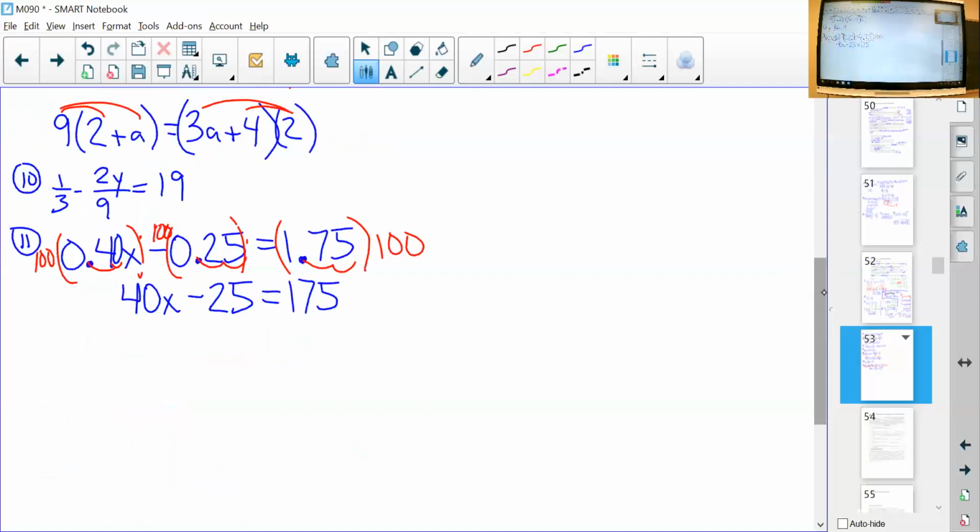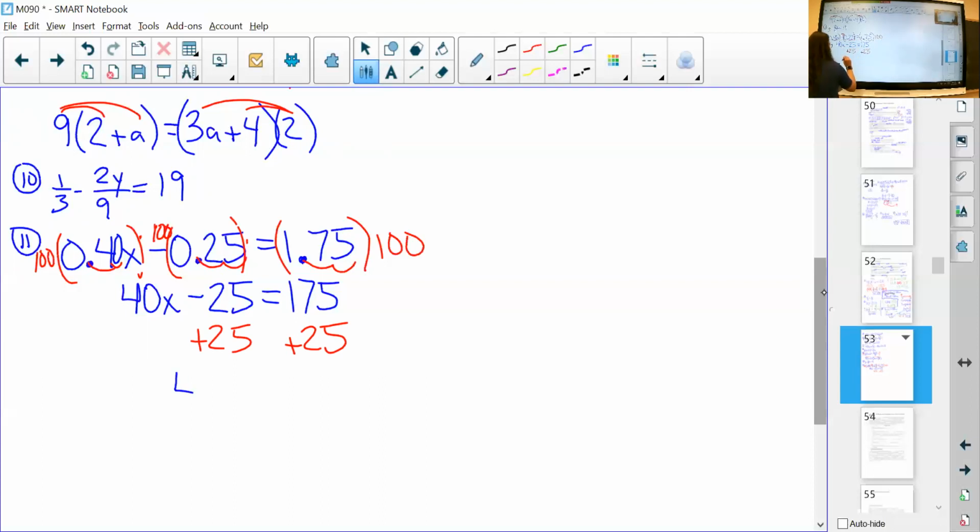40x minus 25 is 175. Again, these are not like terms, so I can't just combine those. But what I can do is move this 25, this constant term, to the other side. Ask yourself, how do you do that? What can we do? Well, we can add 25 to both sides. That makes up for subtracting 25 away.